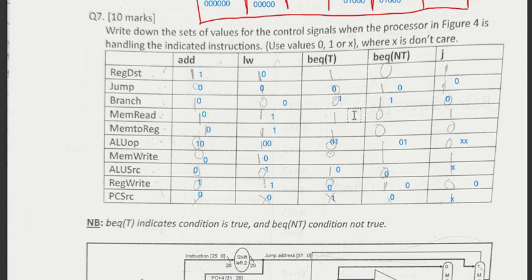Then MemToReg, and this one doesn't use the register file, right? So it's don't care. Then this one also doesn't use it, so don't care. This one doesn't use it as well, so don't care. Right?